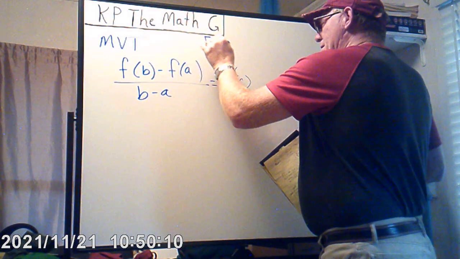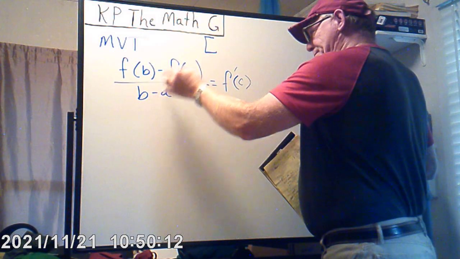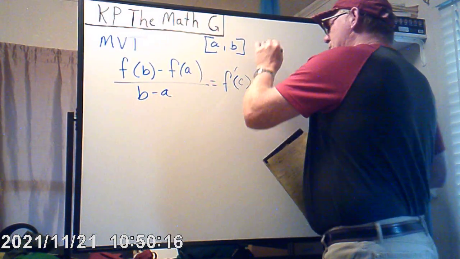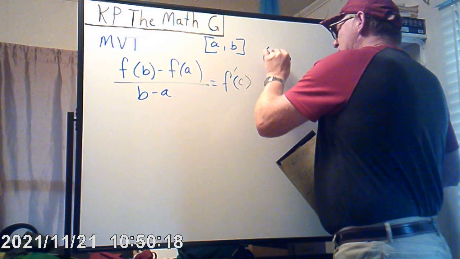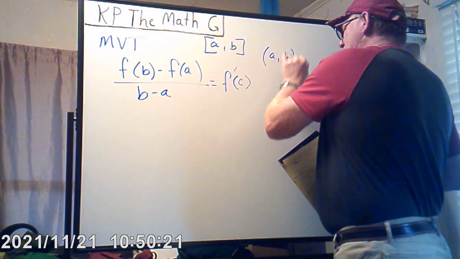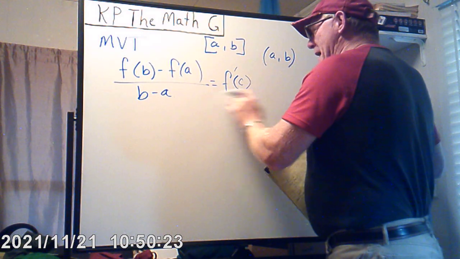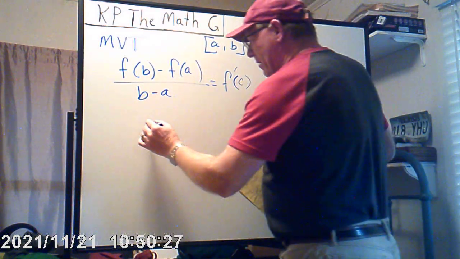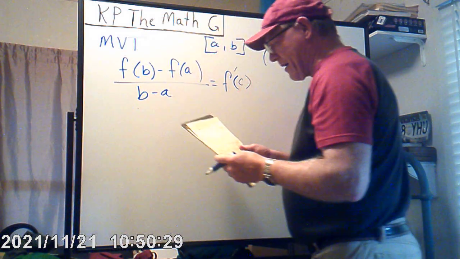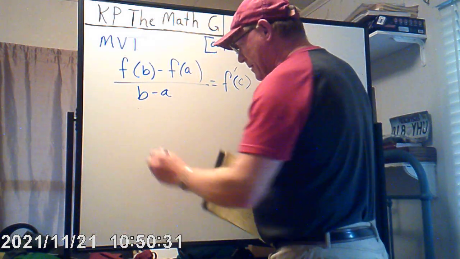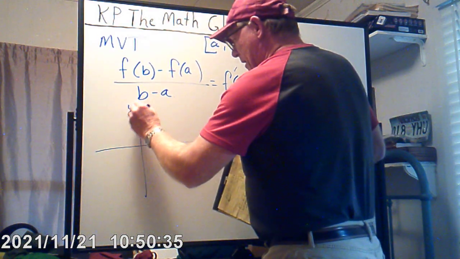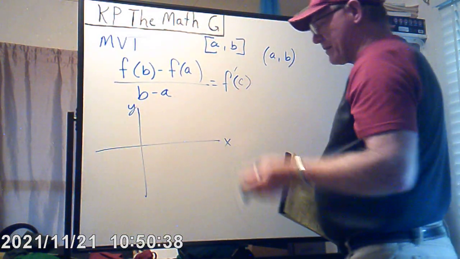On some interval, in this case, we talk about the closed interval, but differentiable on the open interval a, b. There is some c between a and b, and maybe the picture will look something like this.